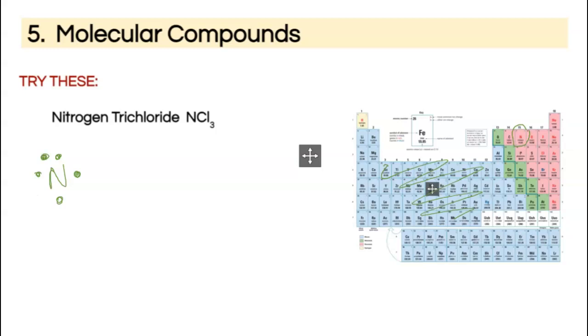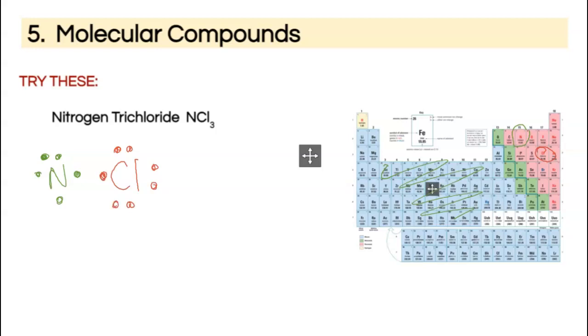I'm going to do chlorine in a different color here. Each chlorine is over here, and counting across the groups, it has 7 valence electrons. So my chlorine here would have 1, 2, 3, 4, 5, 6, 7.